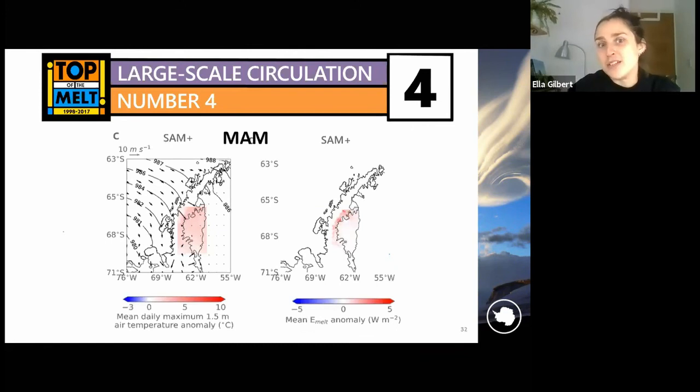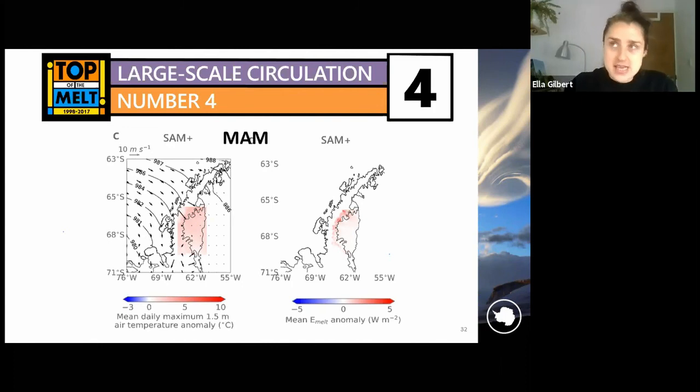So the southern annular mode is the dominant cause of variability in the southern hemisphere, and it is associated with strong westerly winds, particularly over the Antarctic Peninsula, and is also associated with the development of foehn winds. So here, this example is for autumn.